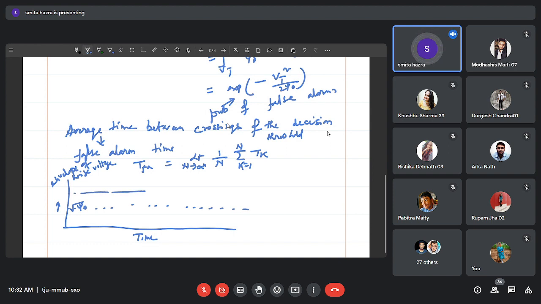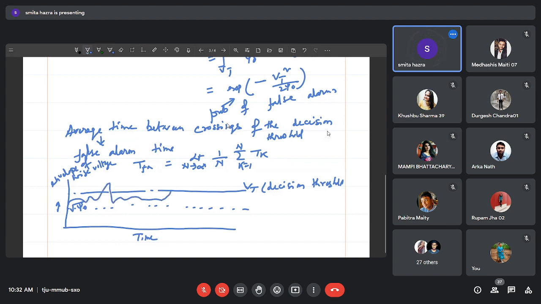This is, suppose, your decision threshold, Vt. Let us take arbitrary fluctuations of the noise voltage itself. Suppose these are the things. So what is your Tk?